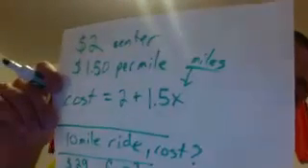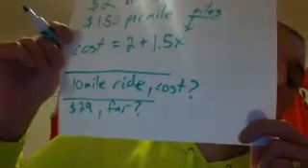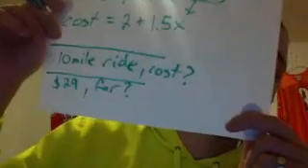Okay? A 10-mile ride. Now if I want to figure out a 10-mile ride, well, x represents miles, so I'm going to put in 10 for x. So cost equals 2 plus 1.5 times 10. Sorry, that didn't fit in real well. I'm going to write it on a different page.